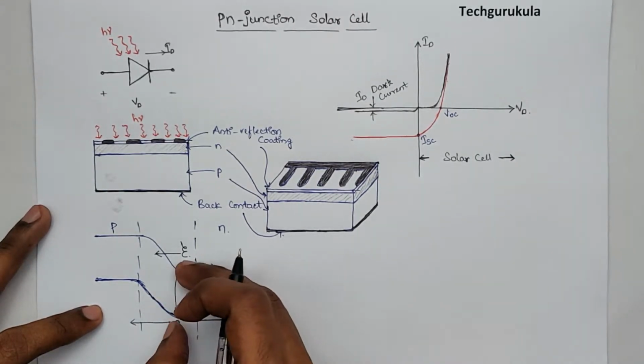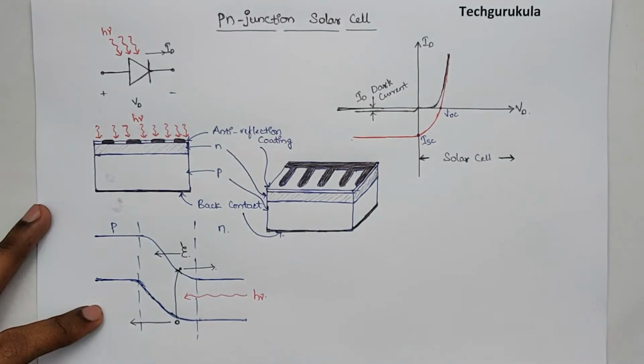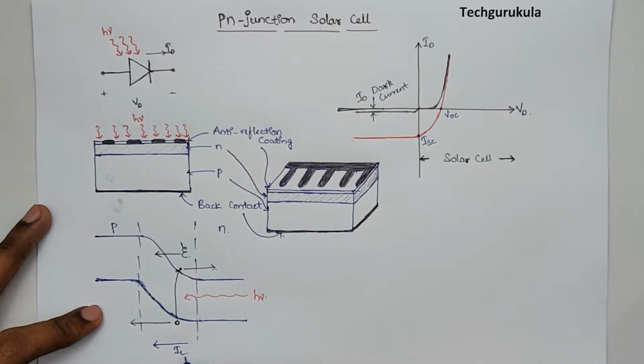This is the current because of the incident light. This current we call IL, which is in this direction, which means IL always will be from N side to P side because the electric field in the depletion region is always from N side to P side.